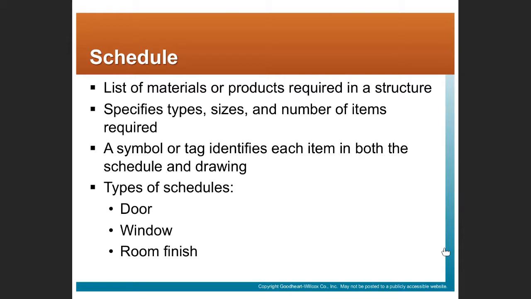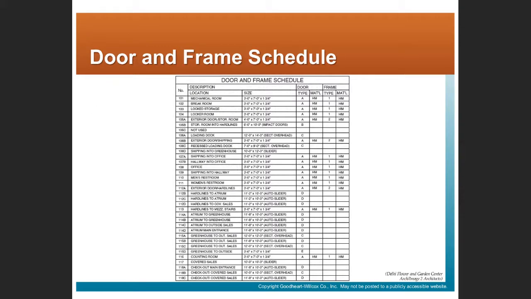When we looked at the floor plan a couple sheets ago, we saw tags for doors and tags for windows. Hopefully when we go to the door and window schedule, we would see those same things. So some examples: the door and frame schedule.